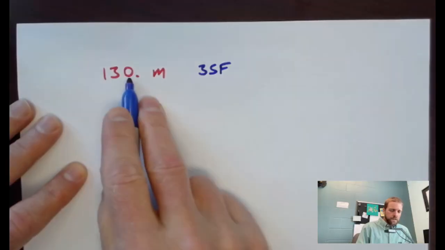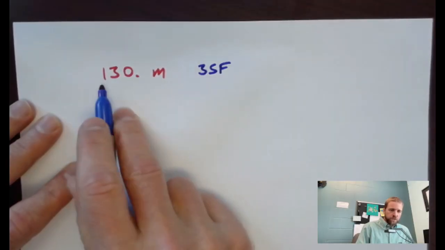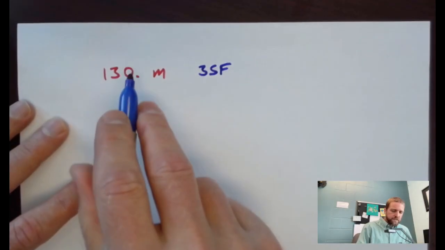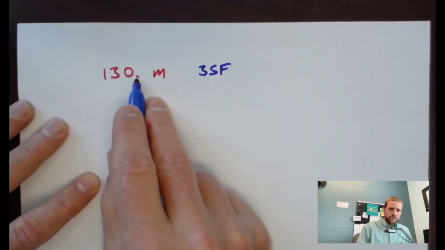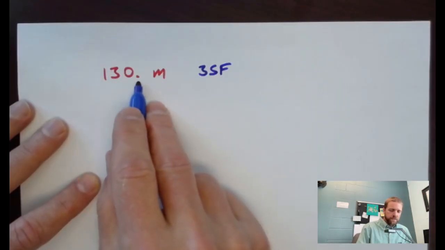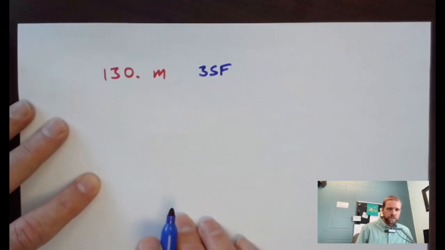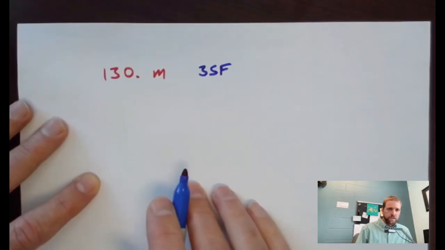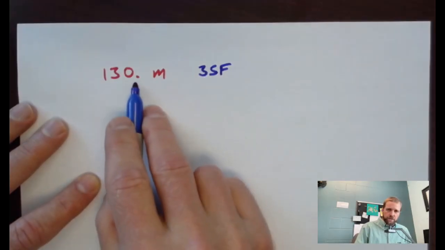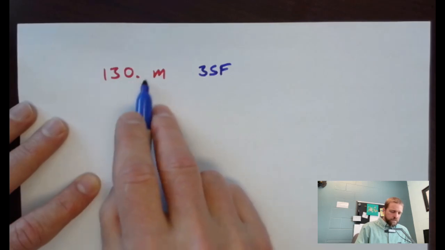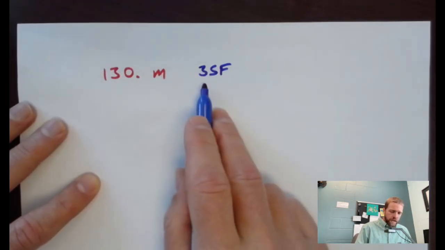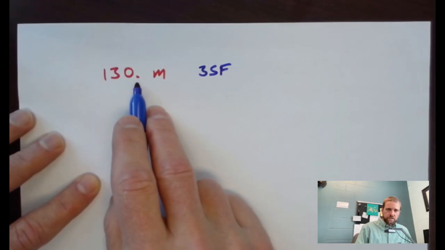Okay? Because of this decimal point. So if the decimal point is written down, then they're trying to say that 0 is significant, or any of the other ones. I'm not going to do that in any of the work that I do, but you will see this sometimes.